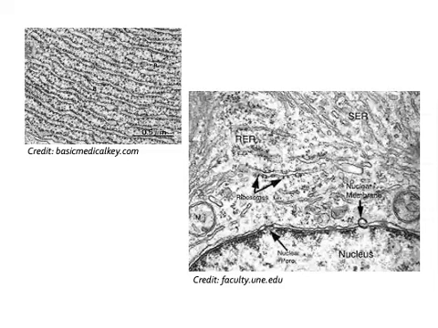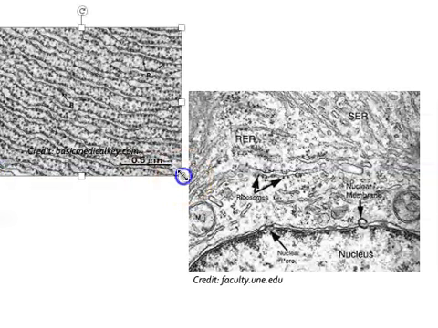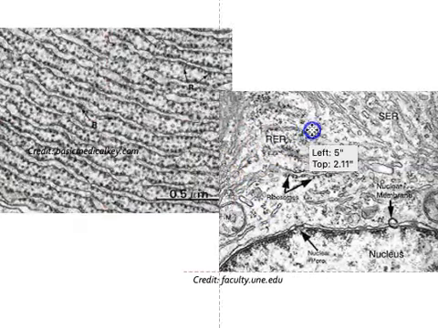On this slide, we're looking at two transmission electron microscope images of the rough ER here on the left and the smooth ER here on the right. If you look at this image on the left, you can really see the flattened sort of sac nature of the rough ER.